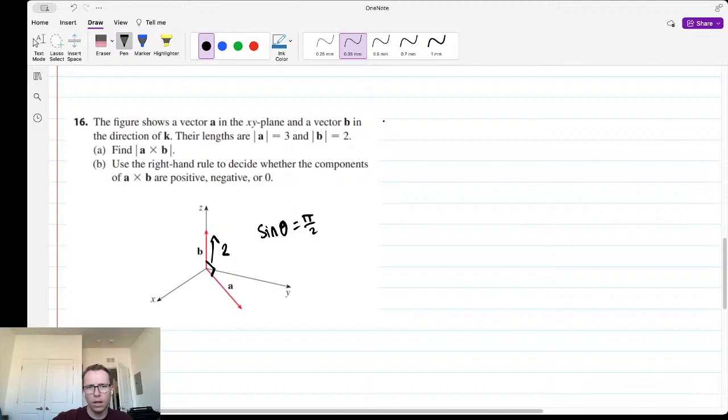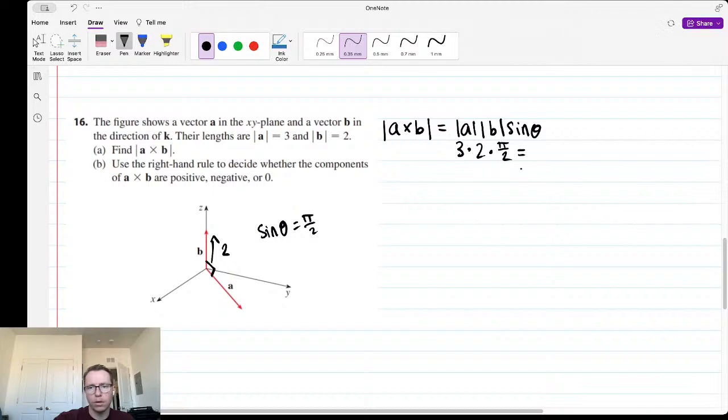So we know A cross B magnitude equals A magnitude times B magnitude times sine theta, which equals 3 times 2 times sine theta, which theta between them is 90 degrees. So that's pi over 2. Oh, 2.